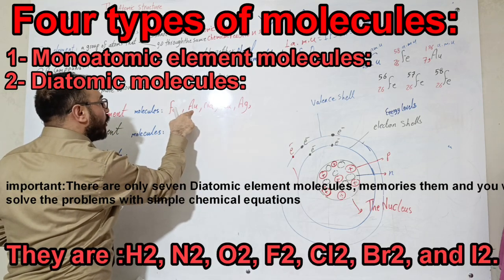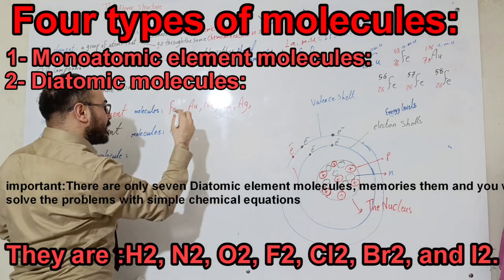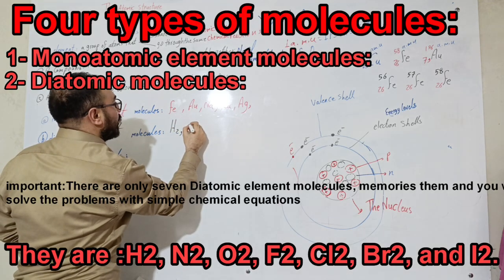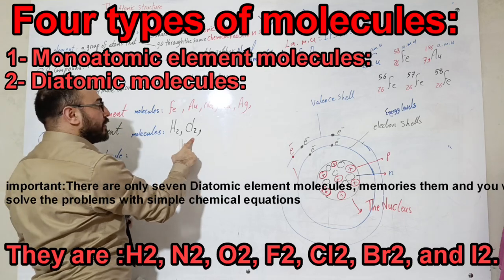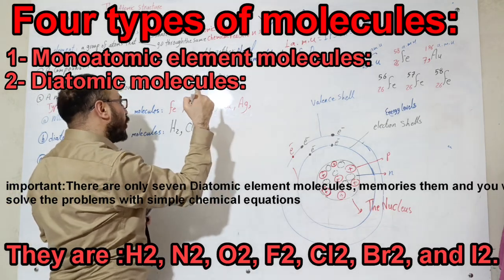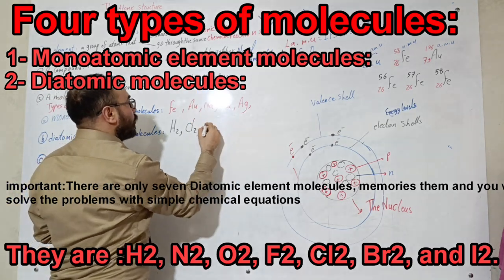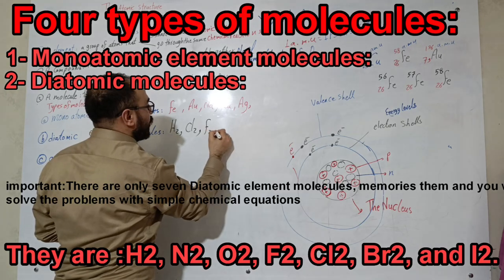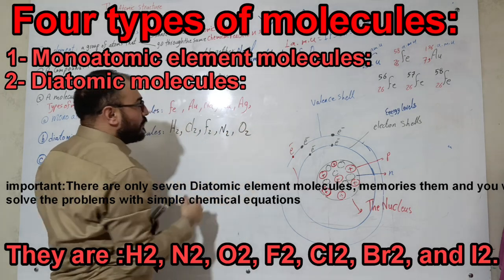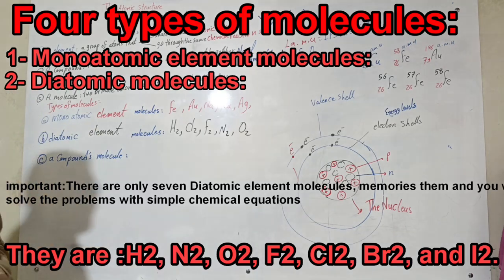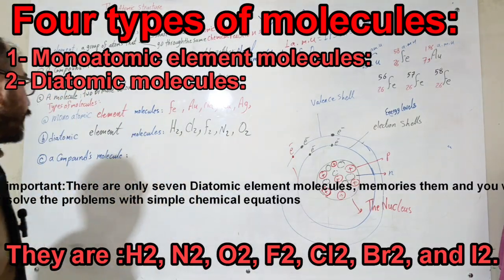Gold molecule is made up of one atom, where, for example, chlorine molecule is made up of two atoms. Sodium molecule is made up of one atom, while fluorine, for example, or nitrogen or oxygen, all of them are made up of two atoms each.